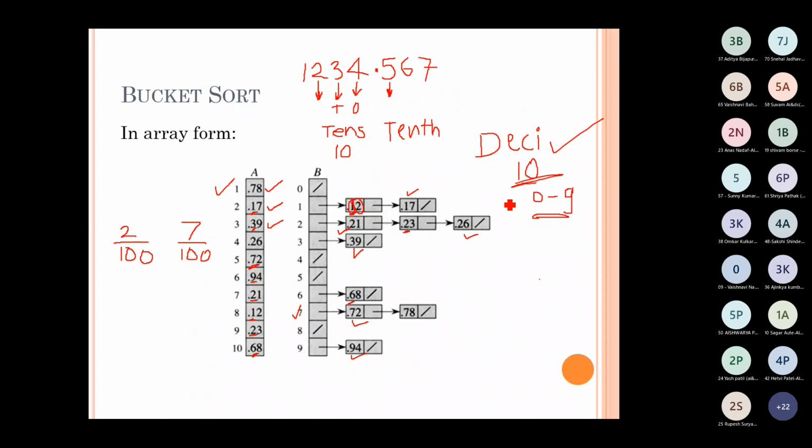So after each bucket is sorted, can we directly concatenate them? That means, can I say that all the elements present in my bucket number 1 are obviously smaller than the elements present in my bucket number 2? Can I say this? Yes, obviously. So once each bucket is sorted internally, we can directly concatenate them.